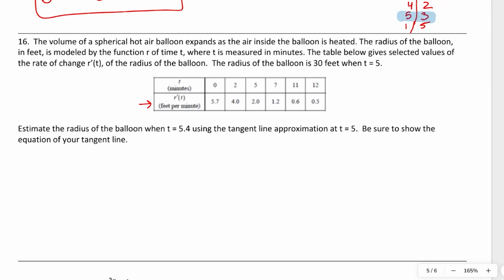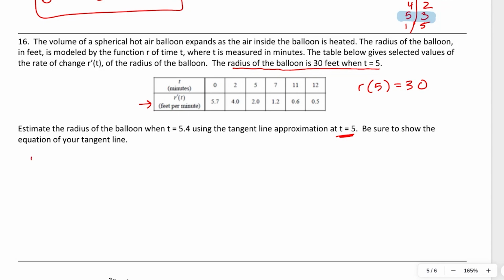We do not know any values for r, but it does say that the radius of the balloon is 30 feet when t is 5. So one way to interpret that is that r of 5 is 30. It says estimate the radius of the balloon when t is 5.4 using a tangent line approximation at t equals 5. Be sure to show the equation of the line.